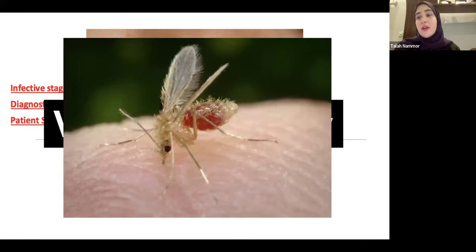Because they might also put a photo of different flies and tell you, choose which one is the vector for this. Okay? So sandfly, clear? I hope it's clear. Please remember how the sandfly looks.